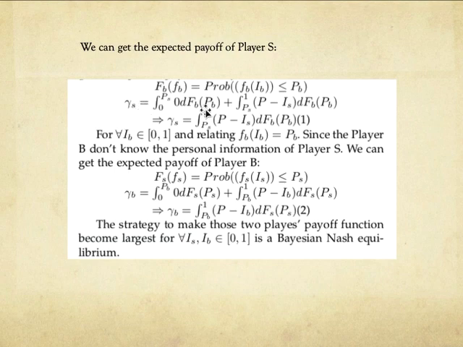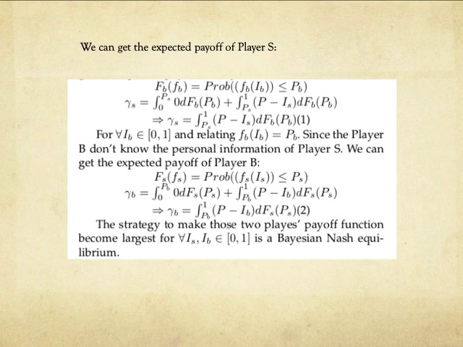Then we integrate the two conditions: when the deal fails, everybody has 0 payoff, and when the deal succeeds, in the condition of PB(IB) and PS, we can get the expected payoff gamma S. We can also do the same for player B to get gamma B.